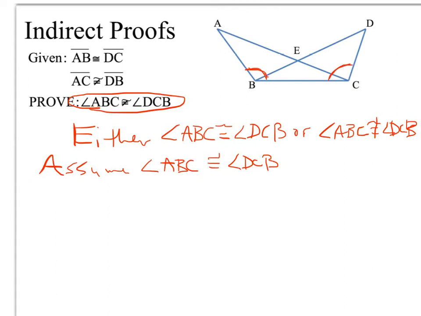Now I'm going to look at the given information and I see that AB and DC are congruent line segments. So I'm going to go ahead and continue on here.